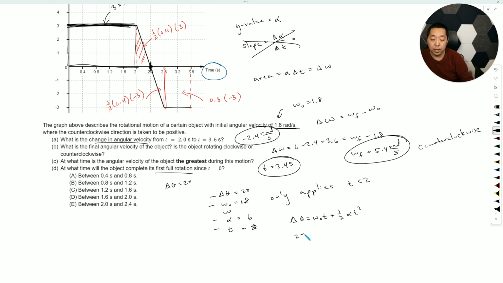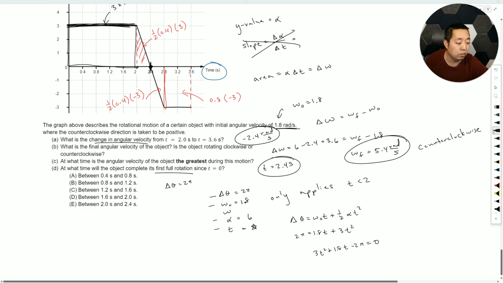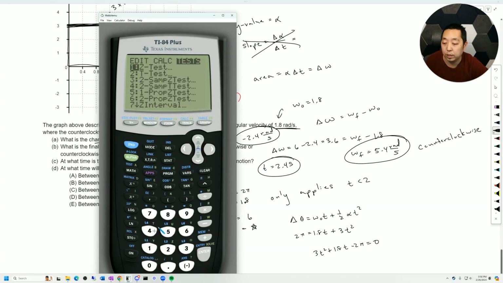So you can get 2 pi equals 1.8t plus 3t squared, 1/2 times 6 gives you that. And so this is just a quadratic. We can use the quadratic formula, or a graphing calculator, however you like to solve this. If you wanted to do a quick one on a graphing calculator, I'll show you what it would look like.